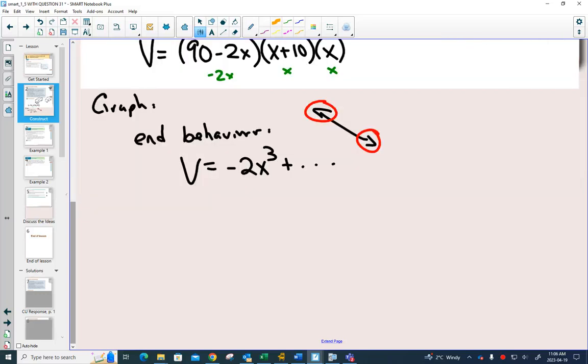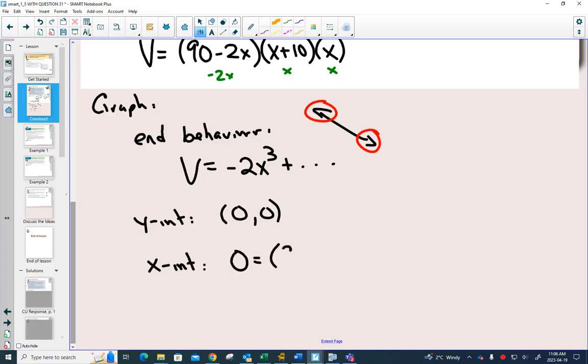For graphing, I also need to know my y-intercepts and x-intercepts. Y-intercept, easy, plug in 0 for x. Since this factor is 0, you will get 0, 0. And for your x-intercepts, plug in 0 for y, and what's really nice about this equation is that it's already factored for us.